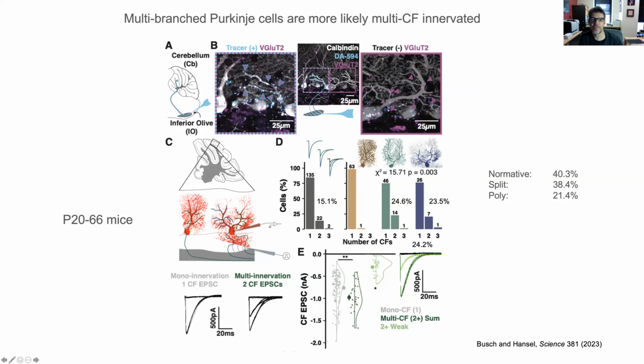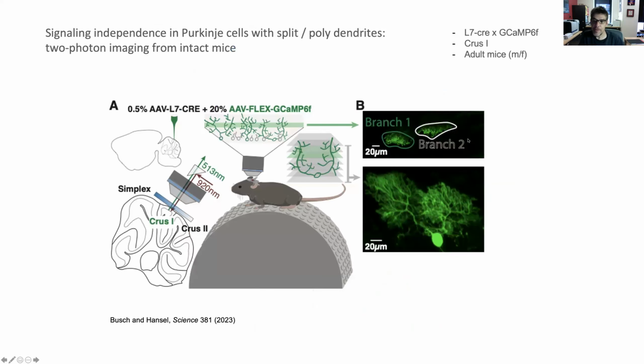So if you have a poly Purkinje cell like this one, you might run into some examples where one side has VGLUT2 but not the tracer, and the other side has both, and that's exactly what we see here. It's a little hard to see, but you can see that in the paper. So double and multiple climbing fiber innervation is indeed there at these multi-branch Purkinje cells.